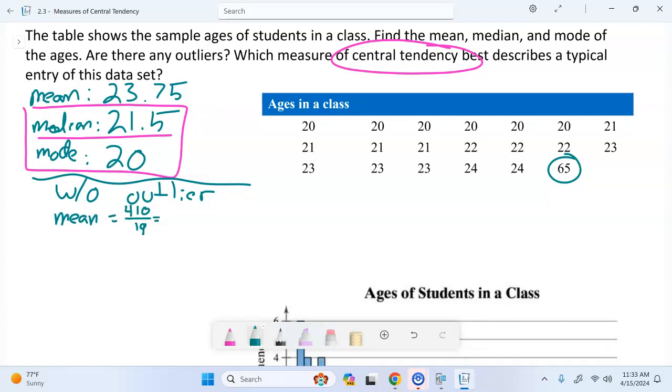We take the 65 out of our sum, and then we divide by 19 instead of 20. What's our new mean? Twenty-one point what? 21.6. Okay. What's our new median?